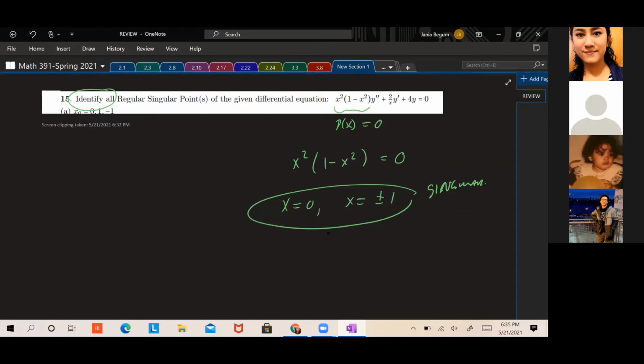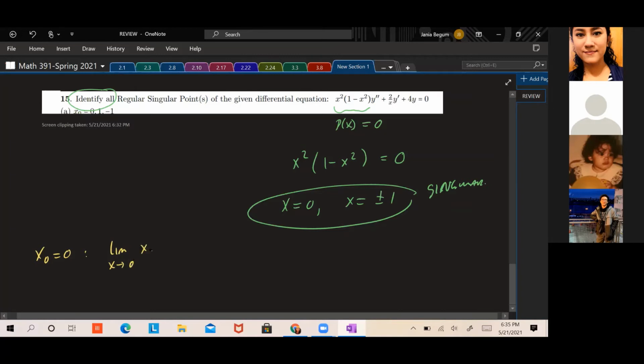I misread the question, sorry. I have singular points now, so let's classify them. First x not equals 0: is it regular or not? We take the limit as x approaches 0 of x times q, which is 2 over x, divided by x squared times 1 minus x squared.